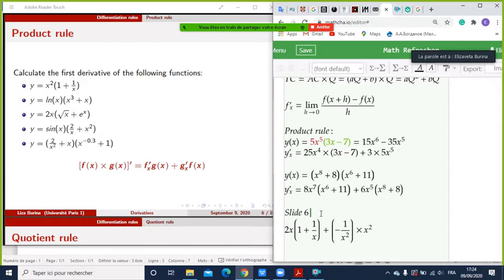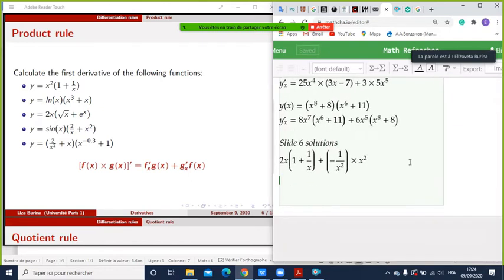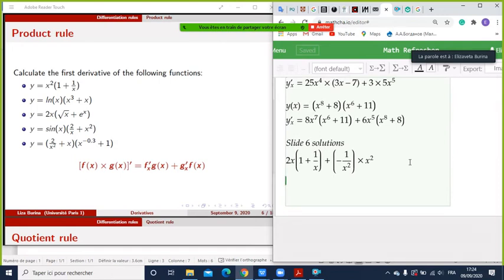So slide 6, solutions. And so this is the more chill part of our course. For now, the derivatives are nice to us.